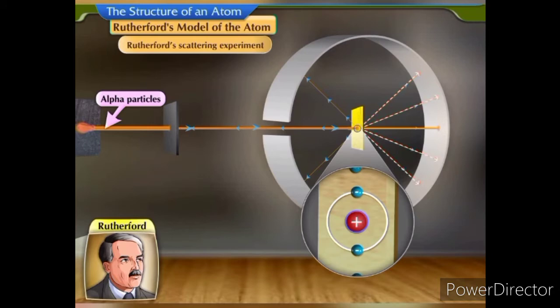This indicated that the positive charge of the atom occupies very little space. A small fraction of alpha particles bounced back by 180 degrees. This indicated that the entire positive charge and mass of the atom was concentrated in a very small volume within the atom.